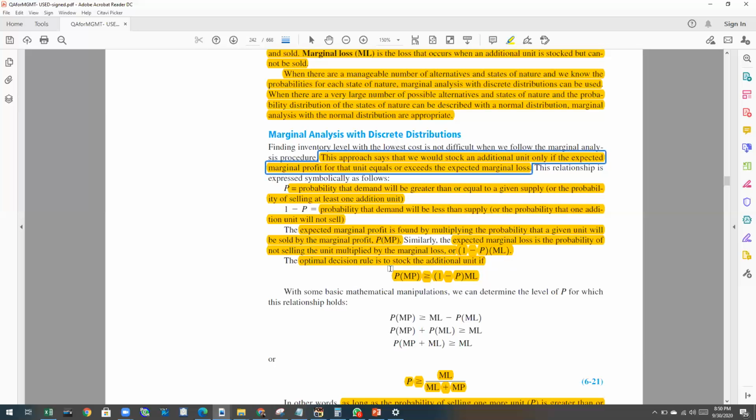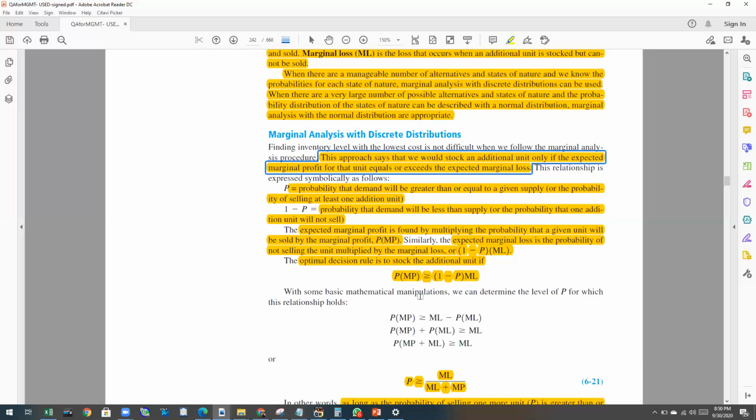The optimal decision rule is when the expected marginal profit, P times MP, is greater than or equal to the probability of not being able to sell an additional unit multiplied by the marginal loss. That's the point where you continue to sell additional units.